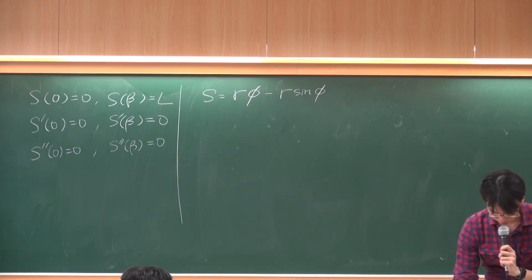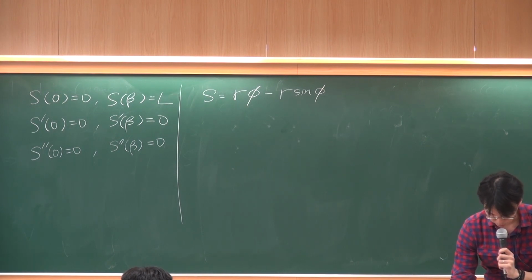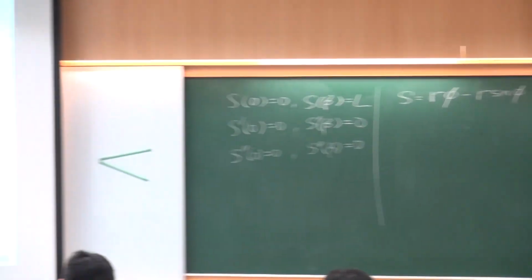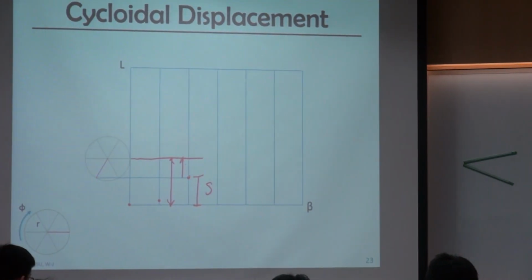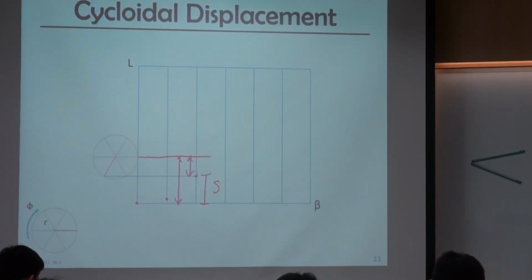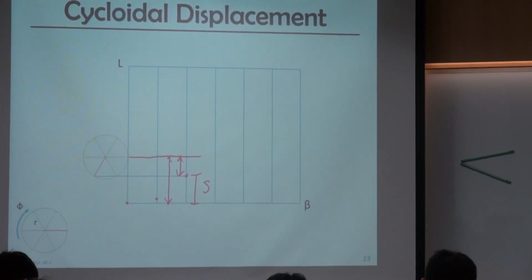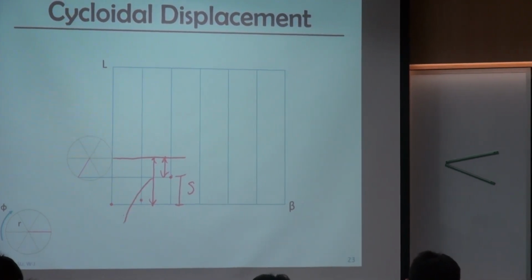This S, this point, is basically this one minus this one. So what's the value of this one?